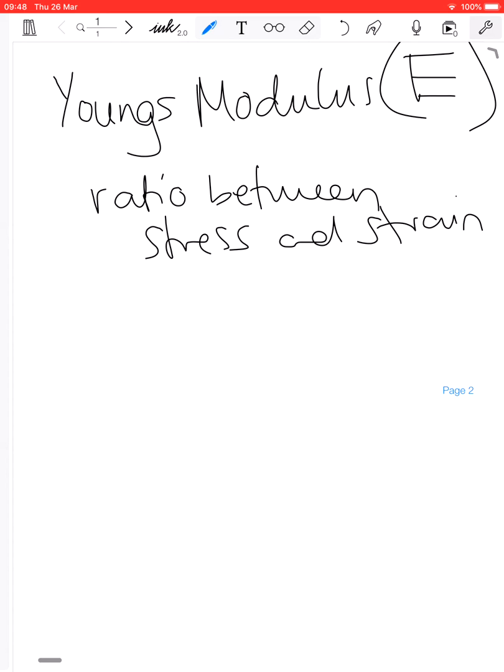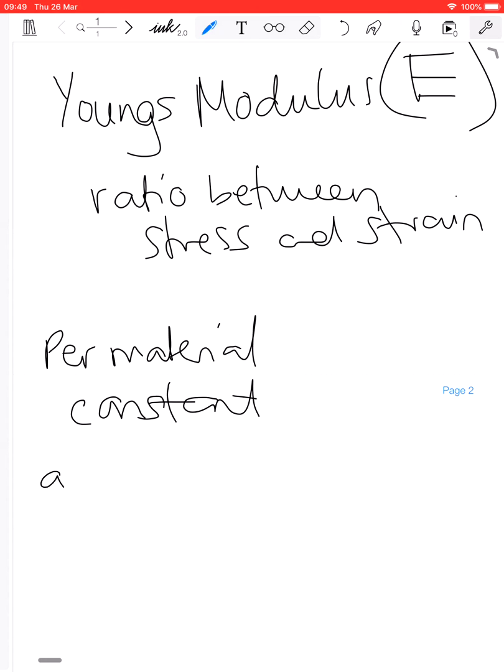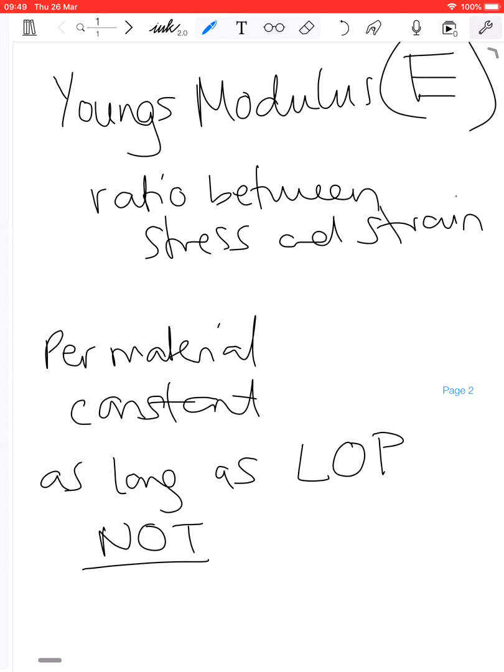So I'll put per material, constant as long as, I'll put LOP, limit of proportionality, not exceeded. So each material should have its own Young's modulus.